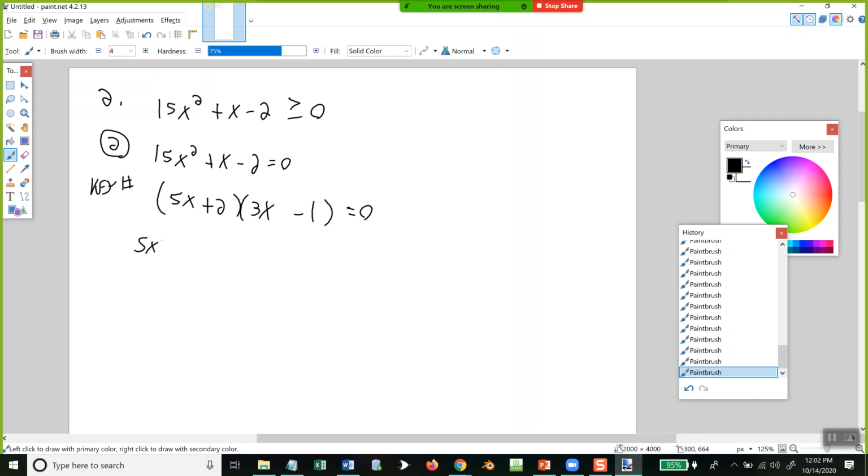So I got 5x plus 2 equals 0, and 3x minus 1 equals 0. So that gives us 5x equals -2, or x equals -2/5. This one I take -1 over, it gives me a +1. Divide both sides by 3, and I get +1/3.